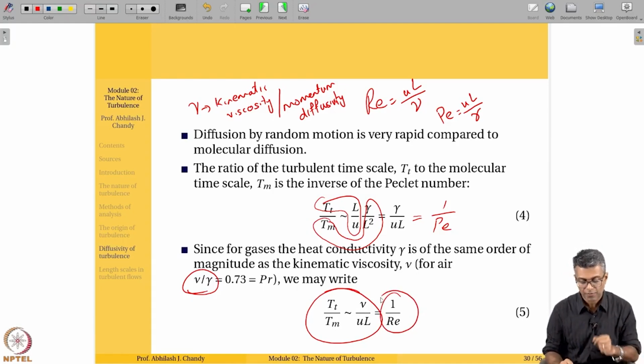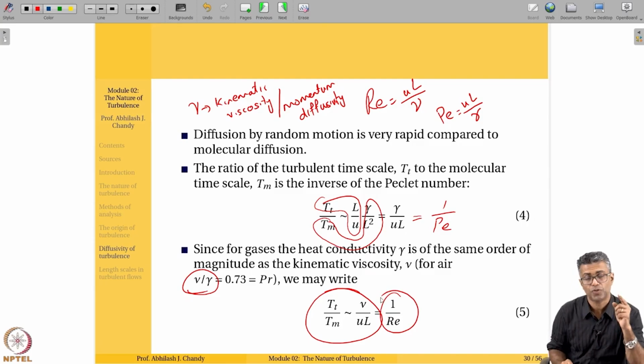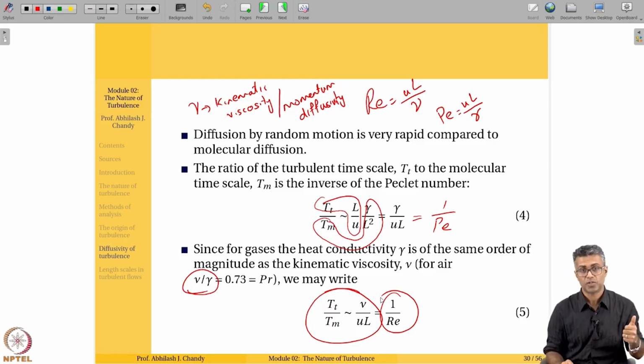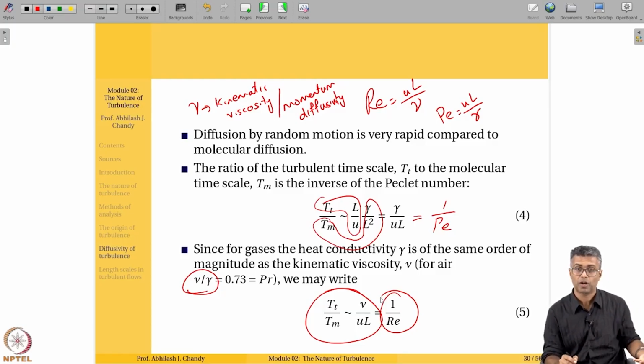So that gives you an idea now. The ratio of the turbulent time scale to the molecular time scale is 1 over Reynolds number. So think about it. Increase in Reynolds number, your turbulence increases. Turbulence gets to be more vigorous. The turbulence intensity increases. And when that happens, the 1 over Reynolds number becomes an even smaller number.